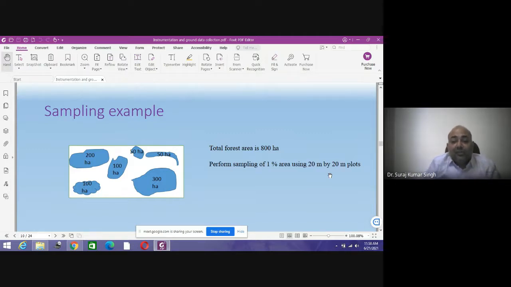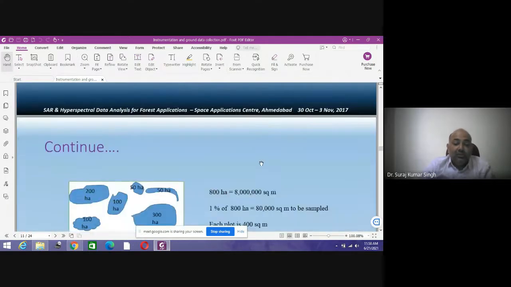So the total forest area is 800 hectares, and you have to perform sampling of 1% of the area using 20 by 20 meter plots. So what is the plot size you have to select? That is a 20 by 20 meter plot, and the sampling has to be done on 1% of the land.